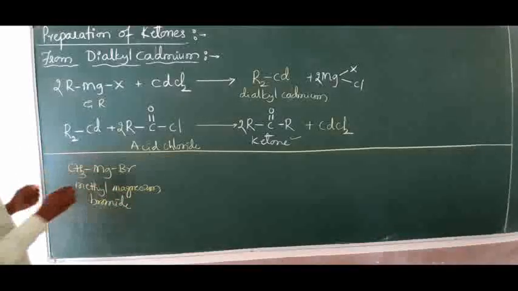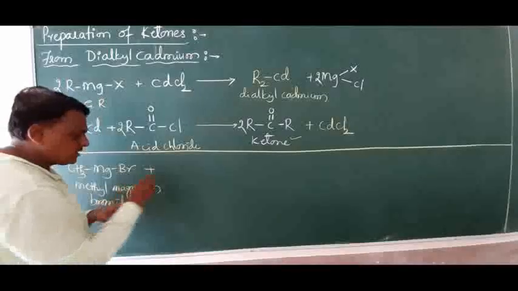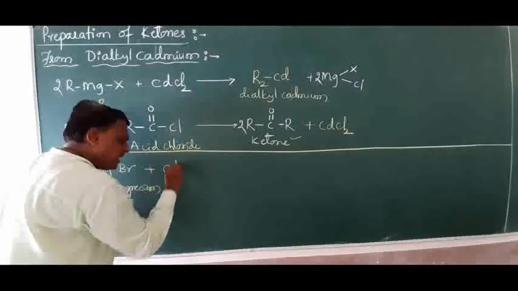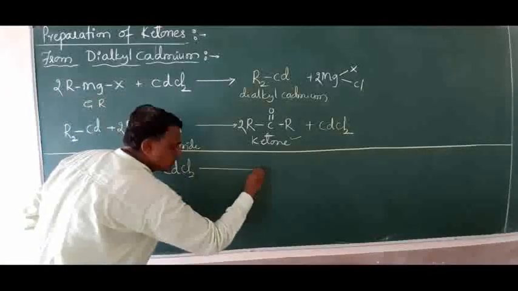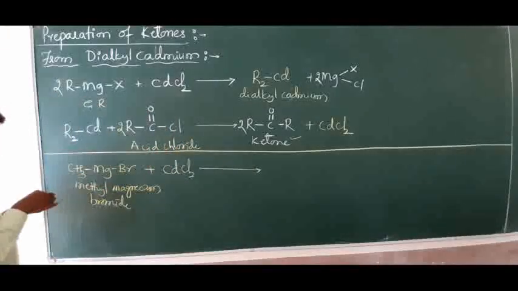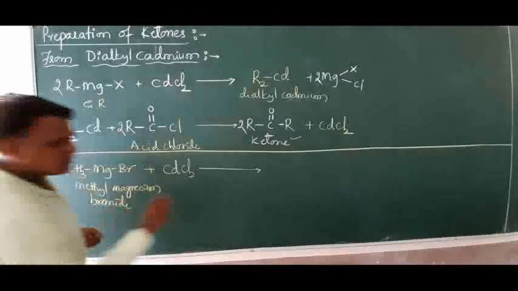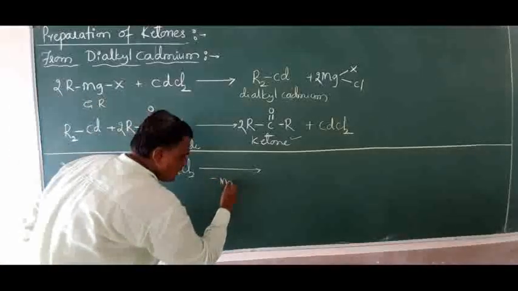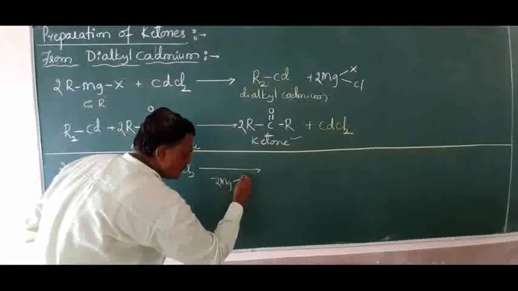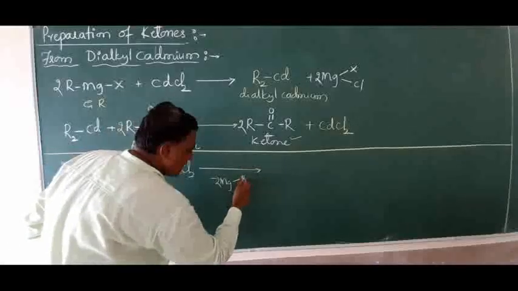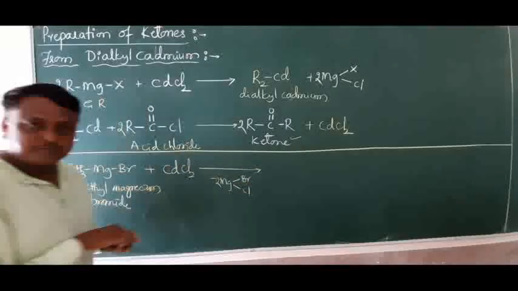Methyl magnesium bromide reacts with your cadmium chloride, CdCl2, with 2 moles because 2 Cl here, with the loss of salt with 2 moles of MgBr, and this is acid.